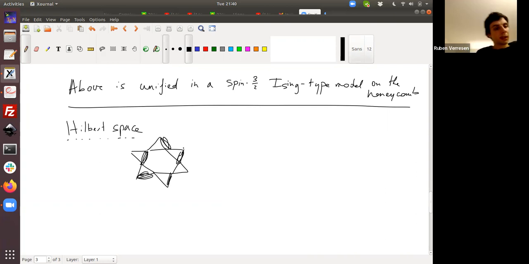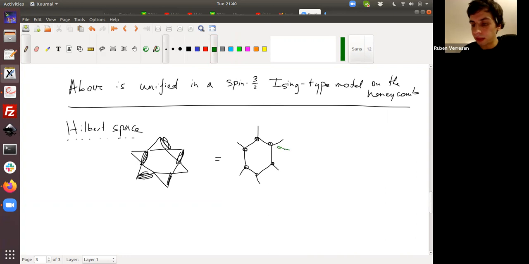So we actually want to think of it secretly as a system living on a honeycomb lattice, where each site is not a qubit, but a 4-level system. So this is 4 possible levels.